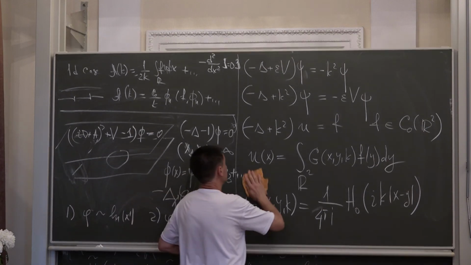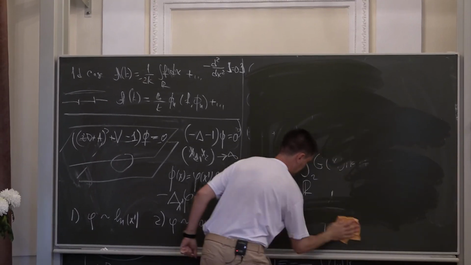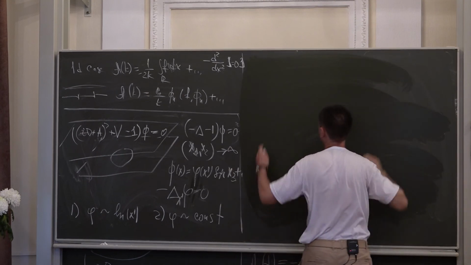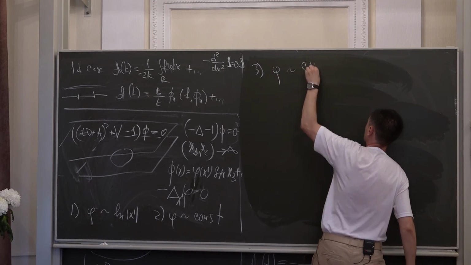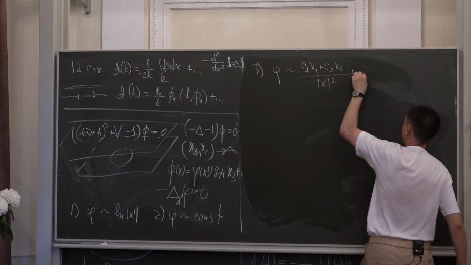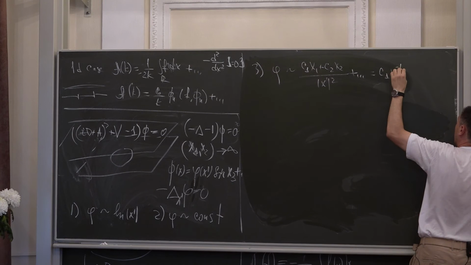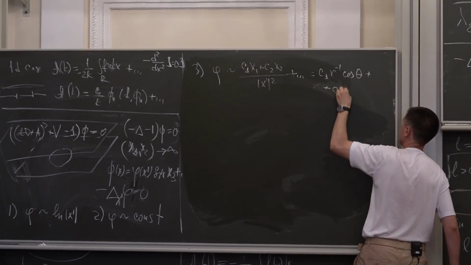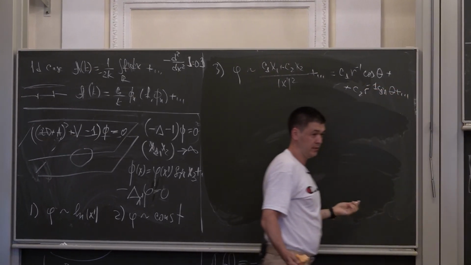The next case is that phi behaves as c1x1 plus c2x2 over x prime squared, which actually means it's c1 r to the power minus 1 cosine theta plus c2 r to the power minus 1 sine theta, right?